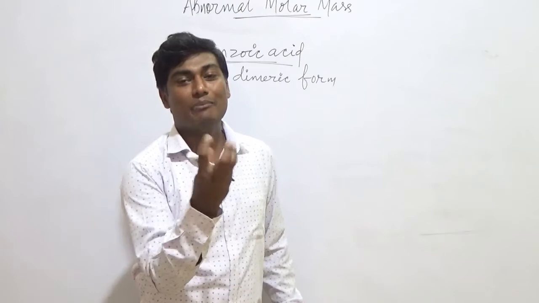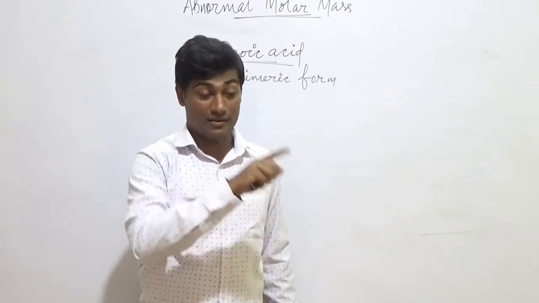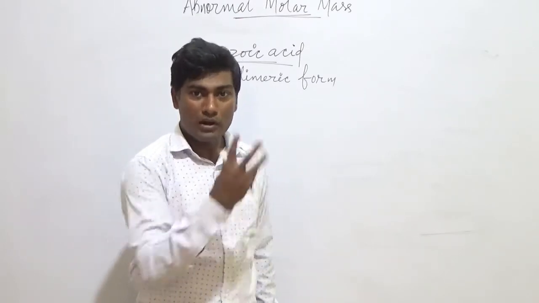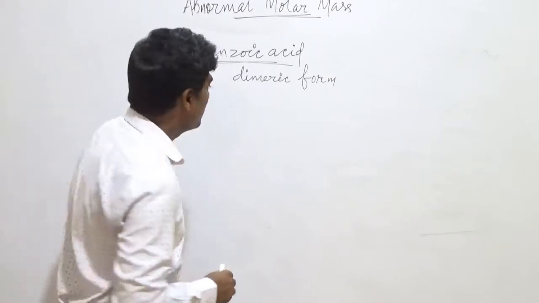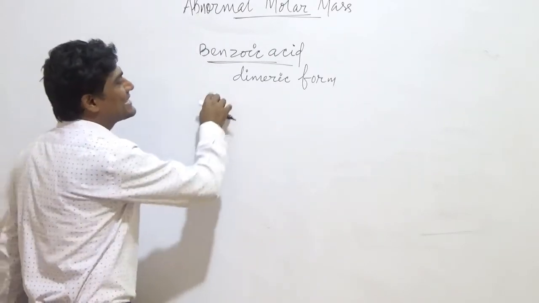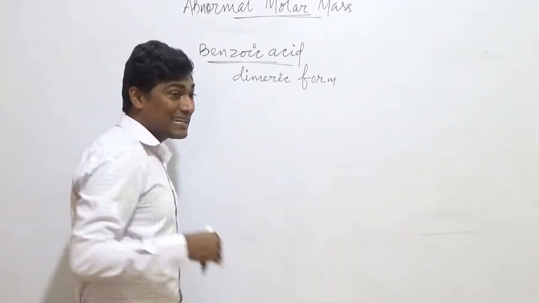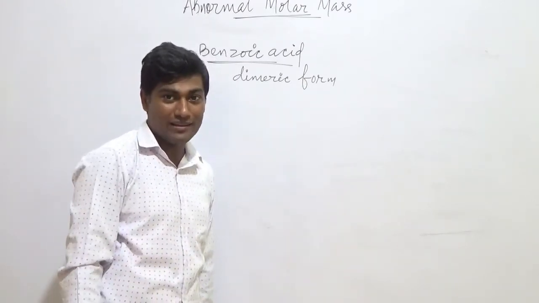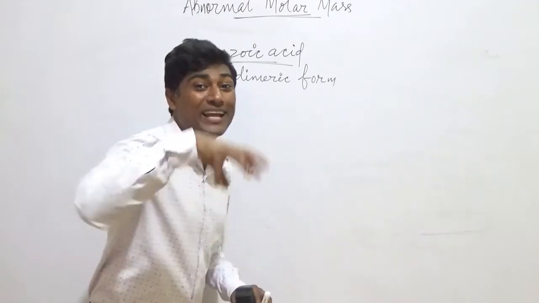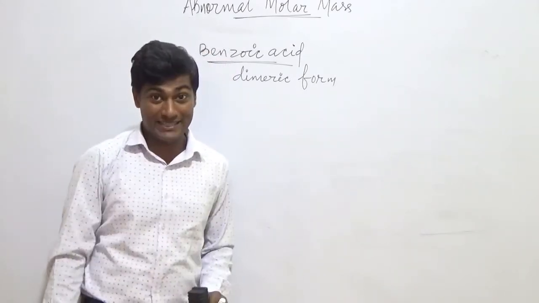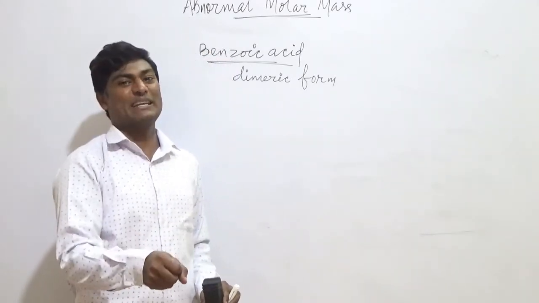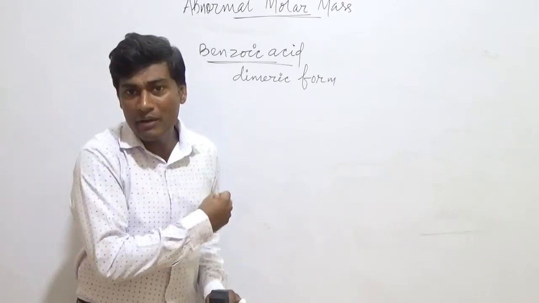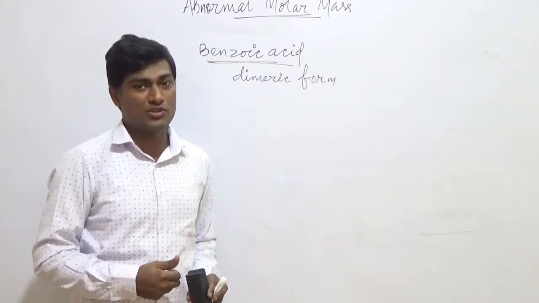Two molecules combine to give one entity, one giant molecule. So benzoic acid, since it remains in dimeric form, if you have added, for example, 1000 benzoic acid molecules, you are not going to get those 1000 molecules. Some of the molecules remain in associated form and some remain in unassociated form.